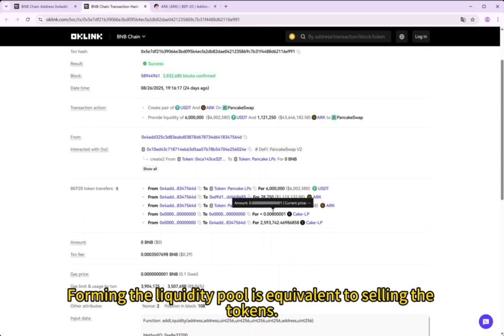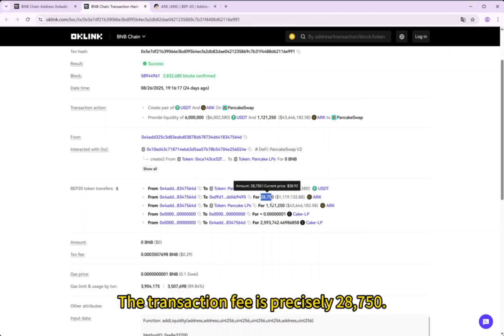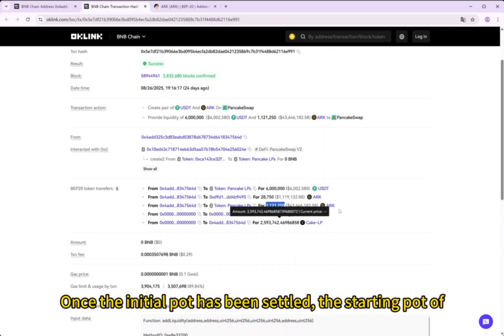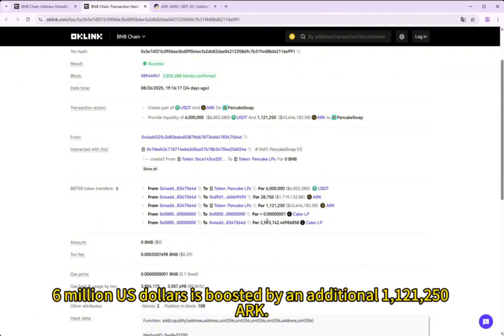Forming the liquidity pool is equivalent to selling the tokens. The transaction fee is precisely 28,750. Following that, this number is 1,121,250.